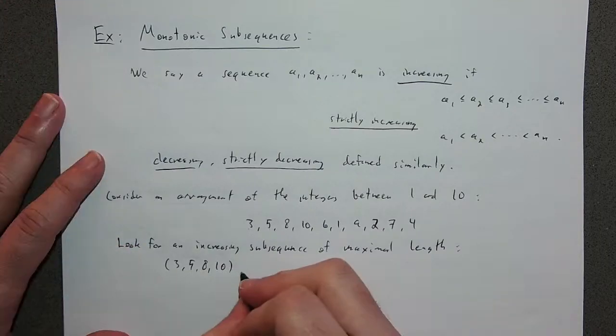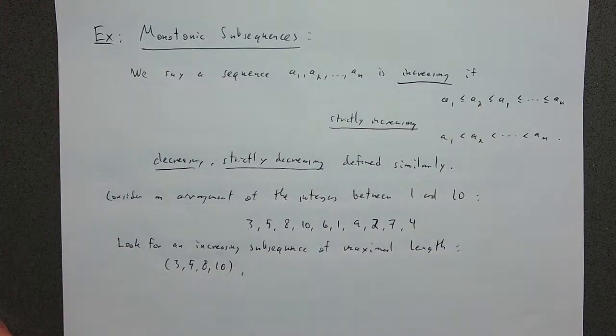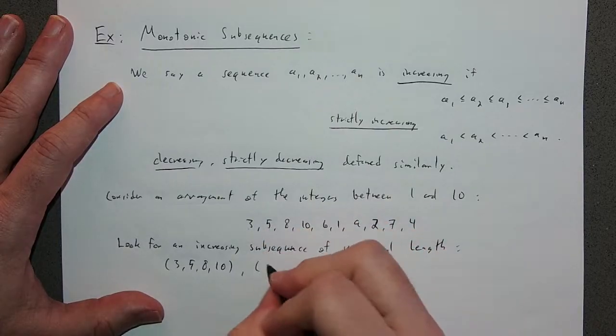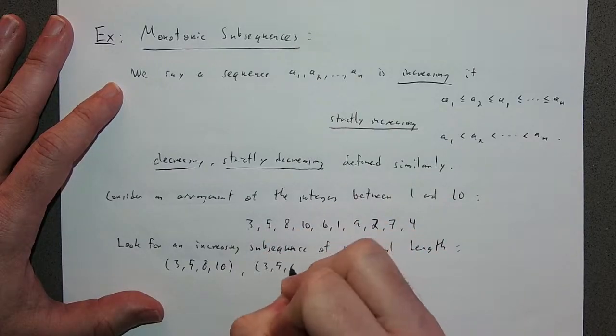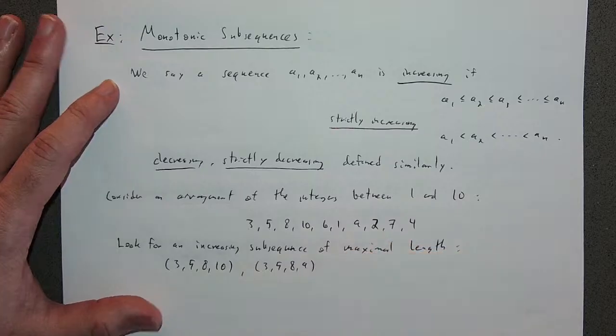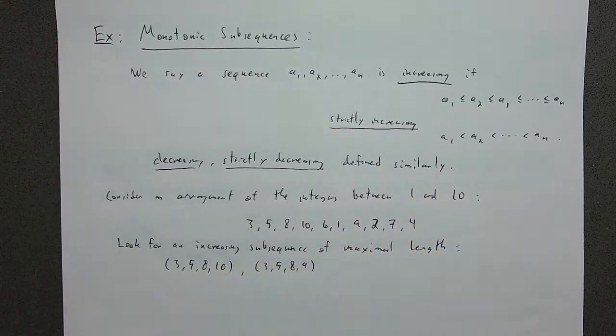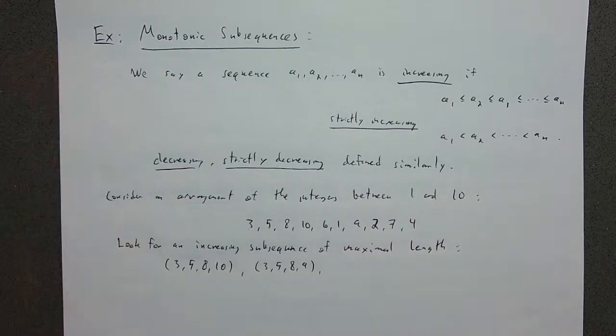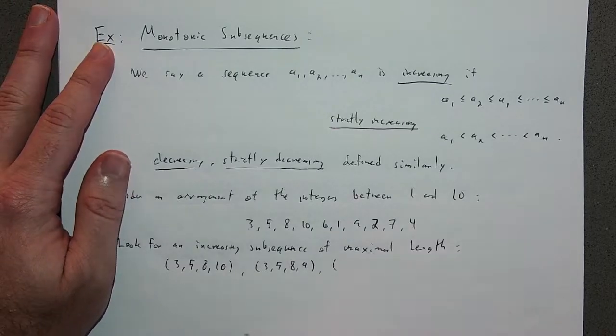Let's see if we can find one that is longer. There's 3, 5, 8, 9. Can we do anything longer here? The fact that this 10 is here, of course, matters, as far as including it in your subsequence.